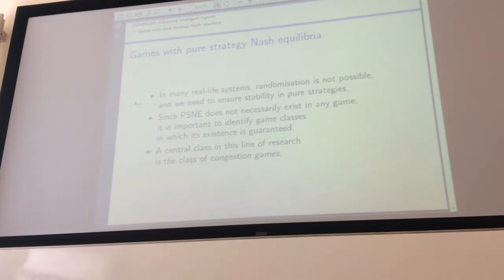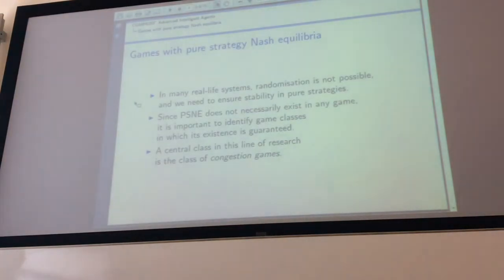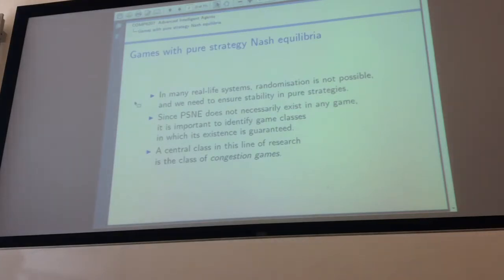So that's why pure strategy Nash equilibria are of interest, and we know that they do not necessarily exist in all games. So it's interesting indeed to find those classes that would have real-life applications, and for which we can conclude that they have pure strategy Nash equilibria. If we have a situation that this model describes, we would also know that there is a stable state.